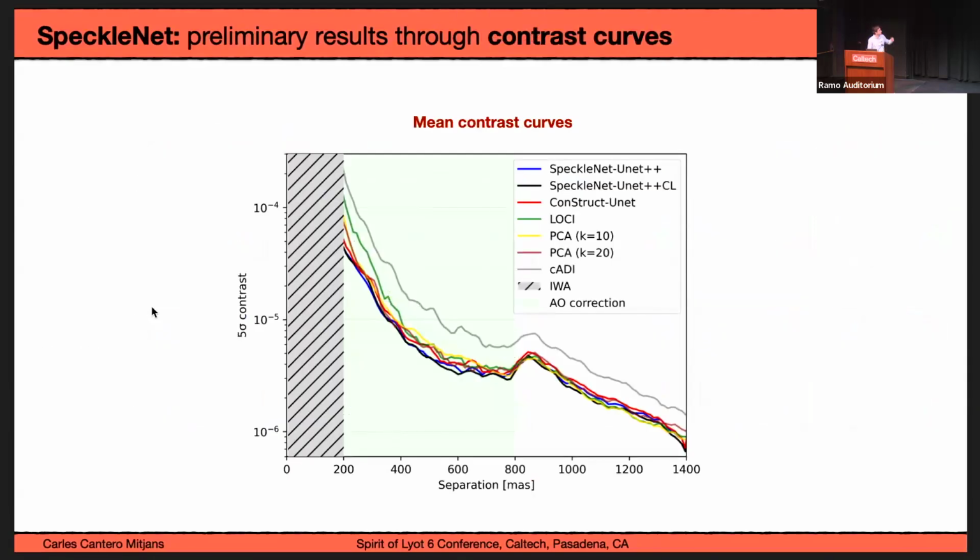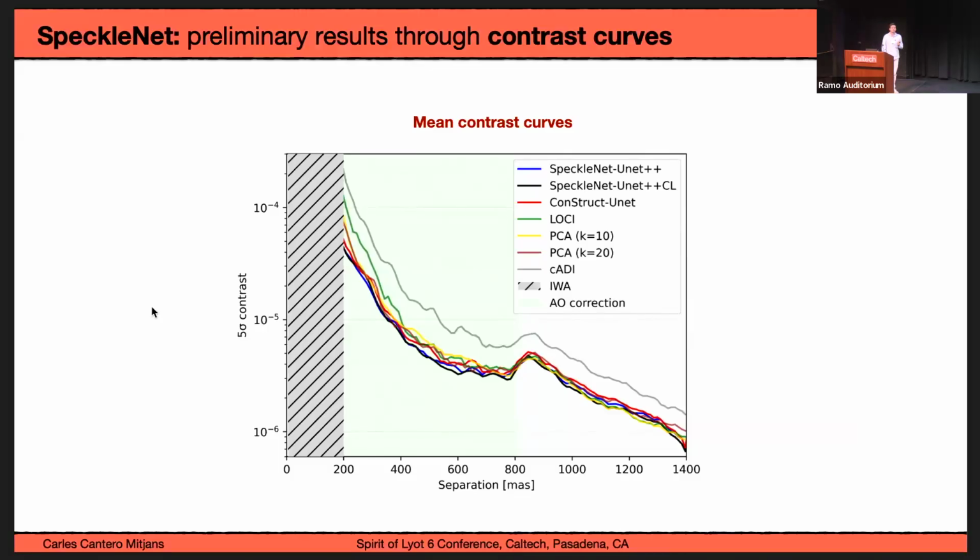And just to see the preliminary contrast curve, we took 20 cubes from the SPHERE data that were not used for the training, and we computed the mean contrast curve of these 20. As you can see here, the SpeckleNet U-Net++ with conditional learning is a little bit better, and the blue one also.